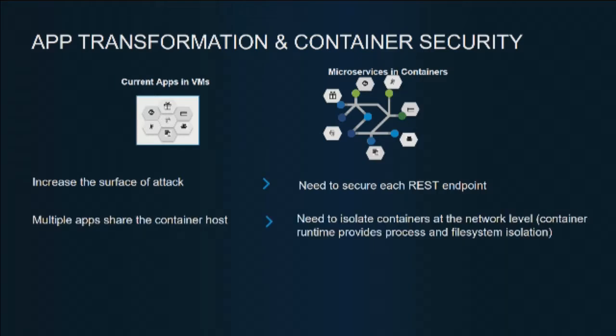Containerization allows us to share a single container host, a single virtual machine, for many different applications. The container runtime provides file system isolation for containers, but you still need network isolation for containers, right?